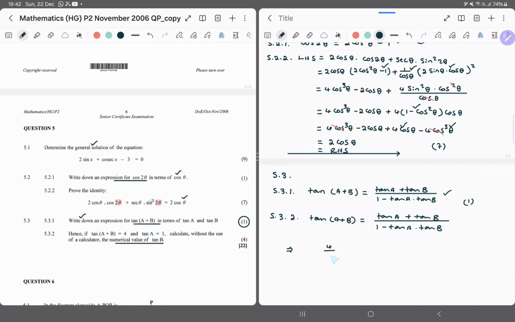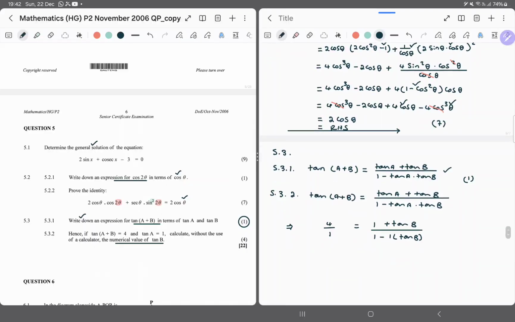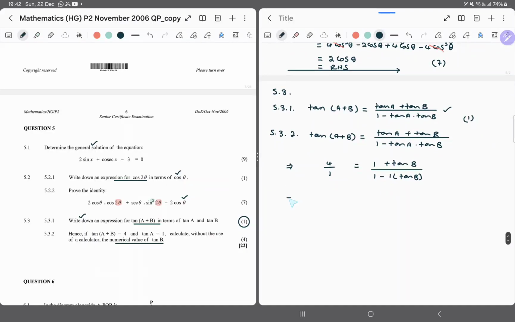Now since we are dealing with fractions, this is 4 over 1 equals tan A is 1, plus tan B divided by 1 minus 1 into tan B.